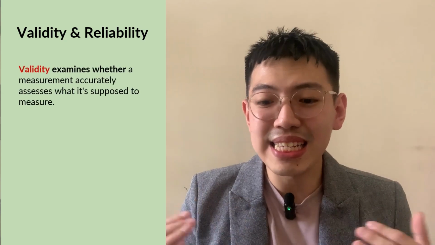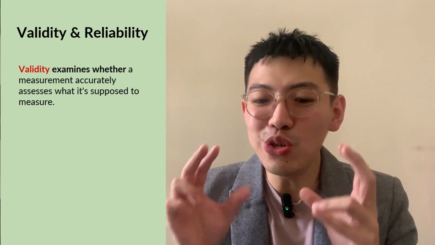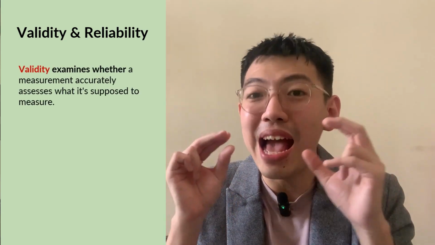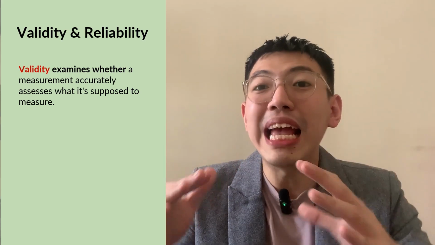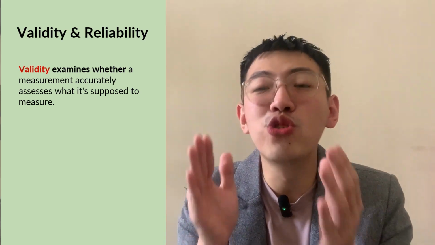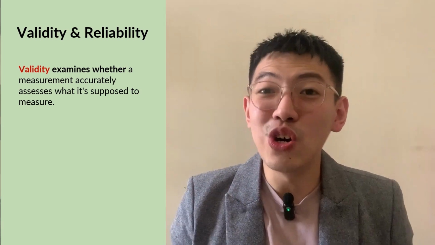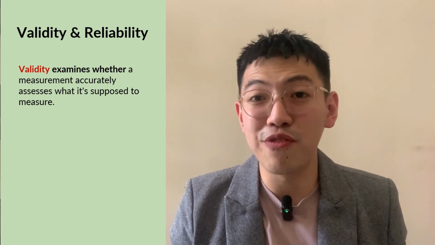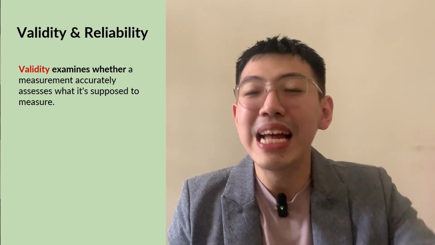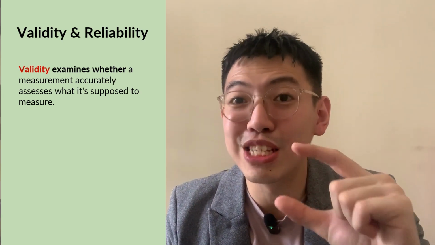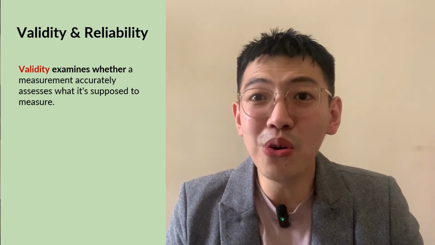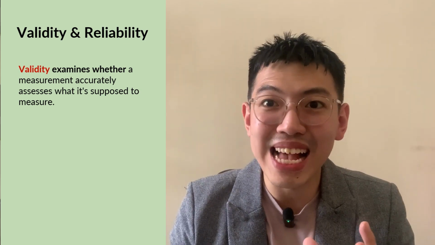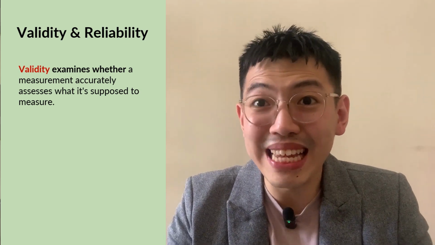Validity is the extent to which the instruments that are used in the experiment measure exactly what you want them to measure. So, for example, you want to analyze customer experience, the instrument is considered valid if that instrument really measures about customer experience. How about reliability?